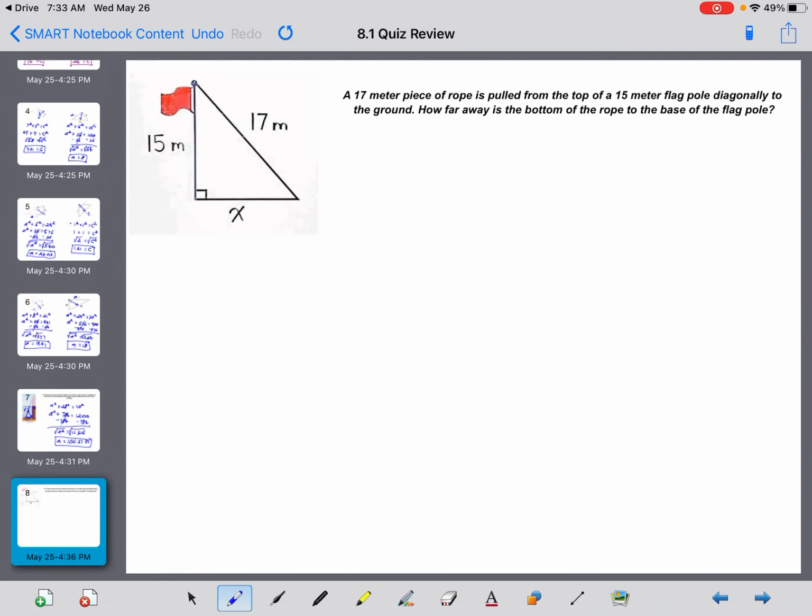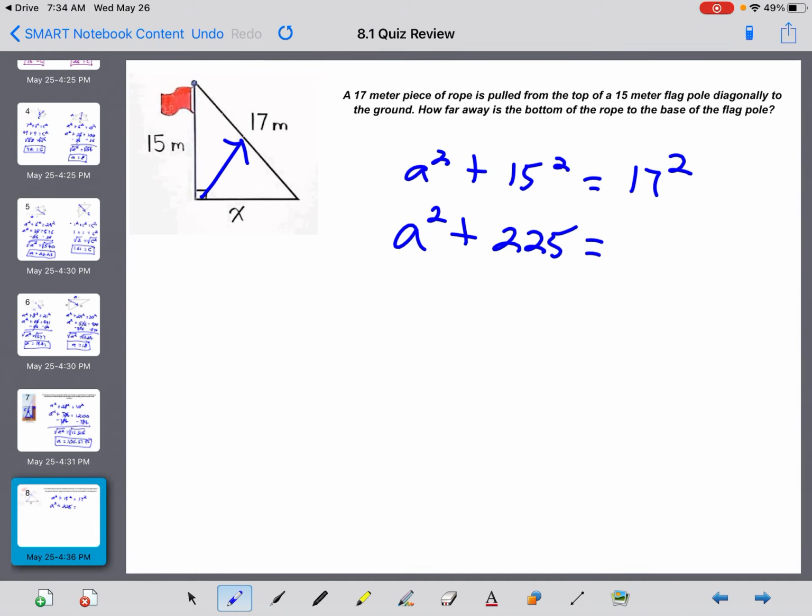A 17-meter piece of rope is pulled from the top of a 15-meter flagpole diagonally to the ground. How far away is the bottom of the rope? Well, again, we have C, so we're going to solve for A. So A squared plus 15 squared equals 17 squared. 15 squared is 225. 17 squared is 289.